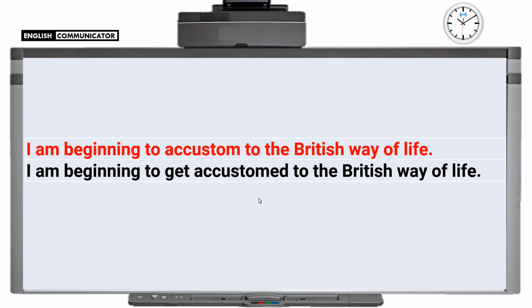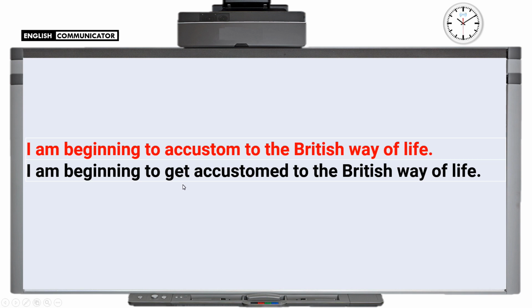Next sentence: "I'm beginning to accustom to the British way of life." Okay, but what is wrong here? "I'm beginning to get accustomed." It is an idiomatic sentence.